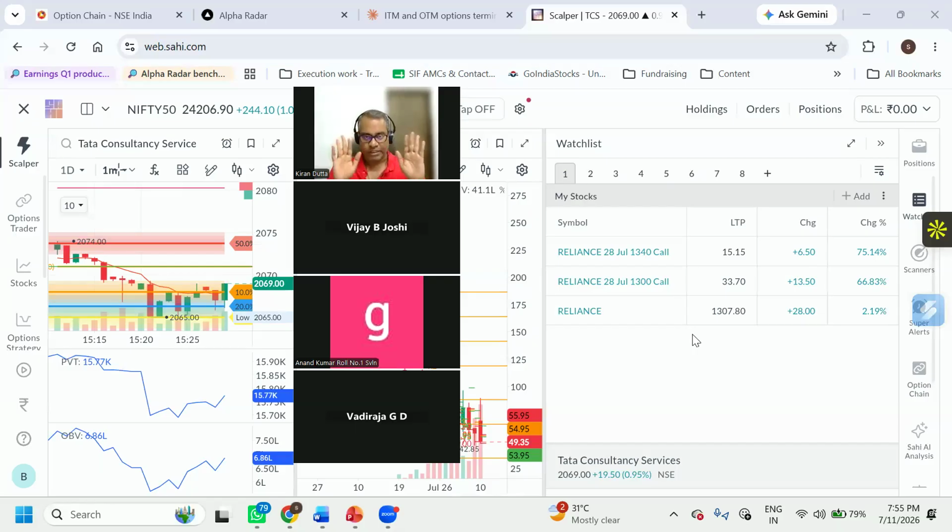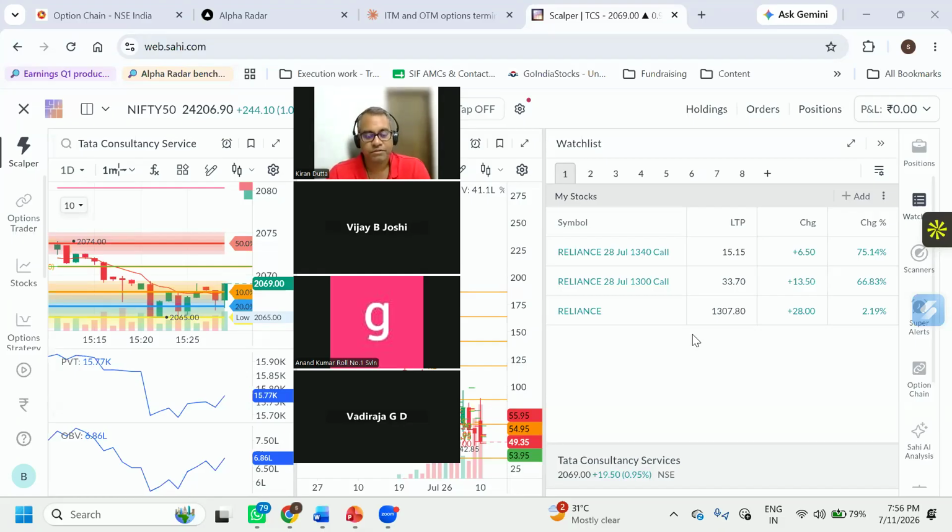To understand this: 1300, 1307, 1340. This is my spot price. This is one strike price. This is another strike price. So now let's debate. Let's actually ask questions, and then I will build the moneyness on top of this.